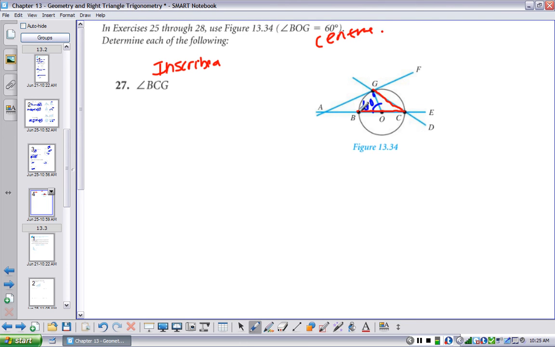And this arc is going to be 60 degrees. Remember, a central angle is the same measure as the arc. But an inscribed angle is what? Half of that arc. So this angle BCG is 30 degrees.